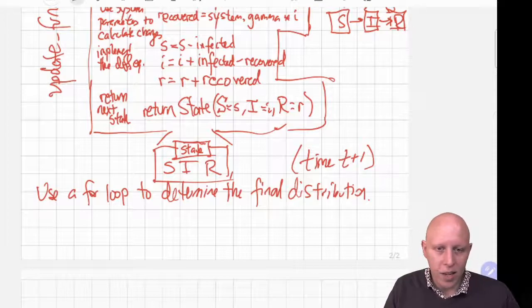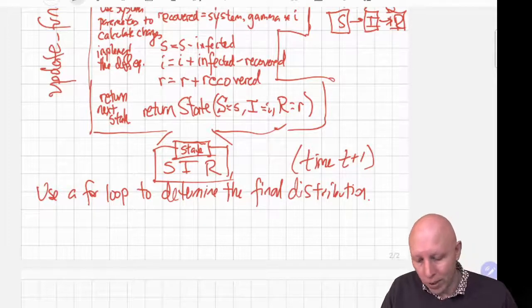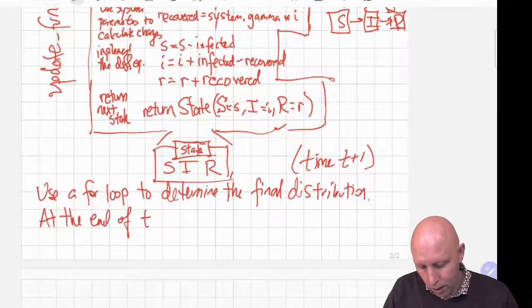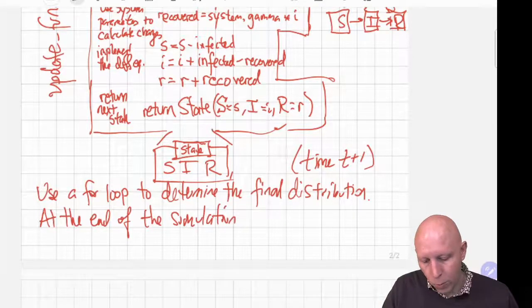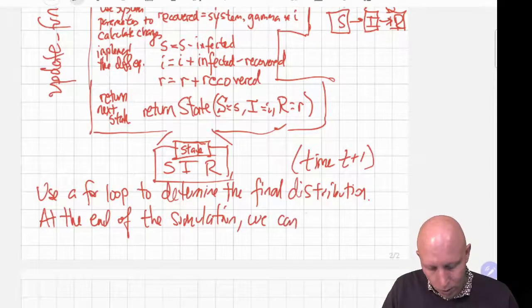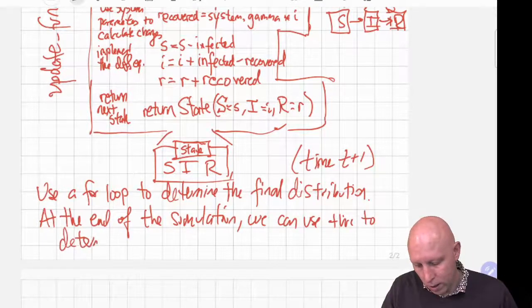And just like in our other projects, we can then do something with that information. So at the end of the simulation, we can evaluate to determine the metric that we care about.